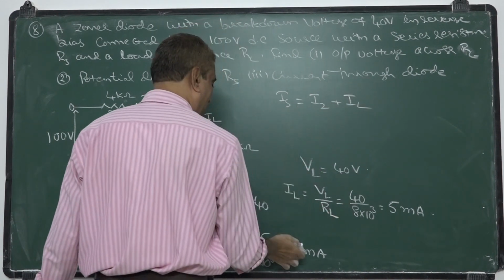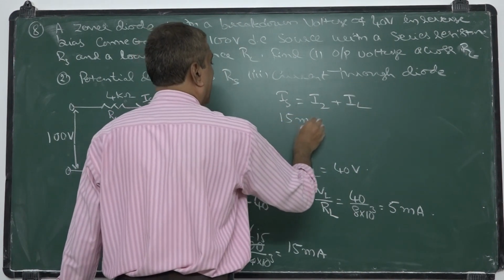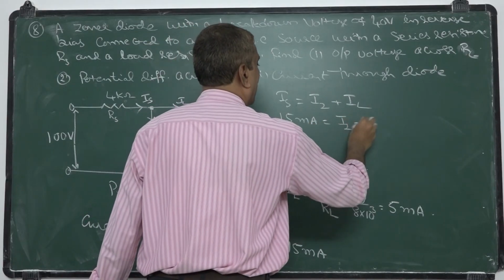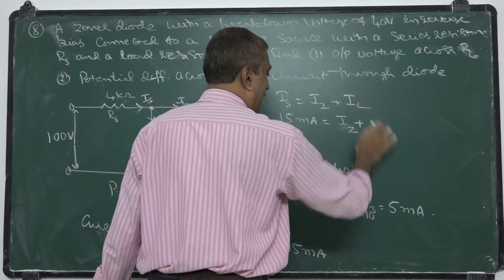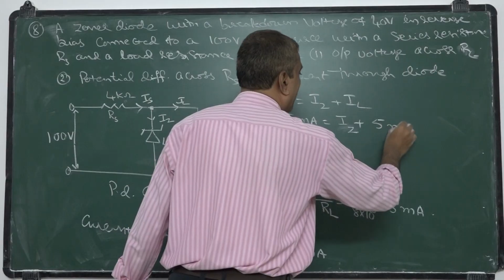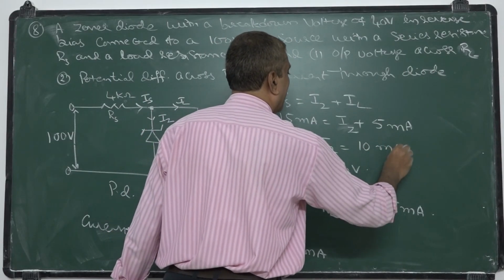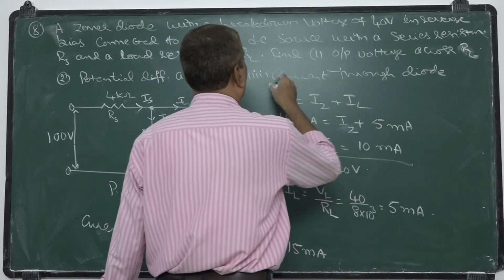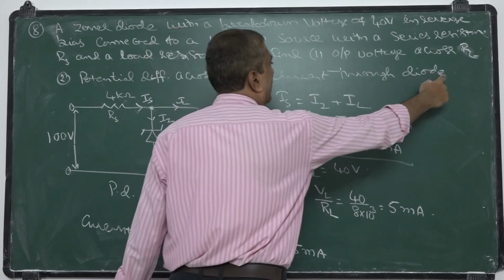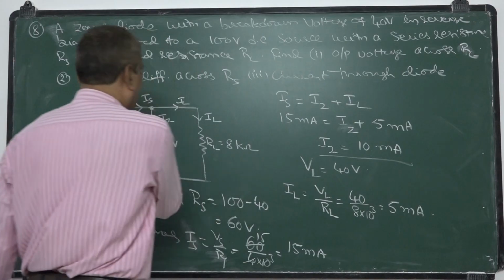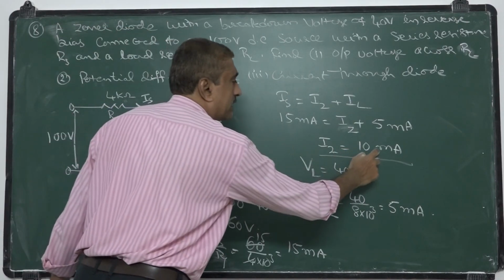So Is we got 15 milliampere is equal to Iz plus IL we got 5 milliampere. So Iz is equal to 10 milliampere. So this is now the third one. The current through the diode is Iz, so that Iz is 10 milliampere.